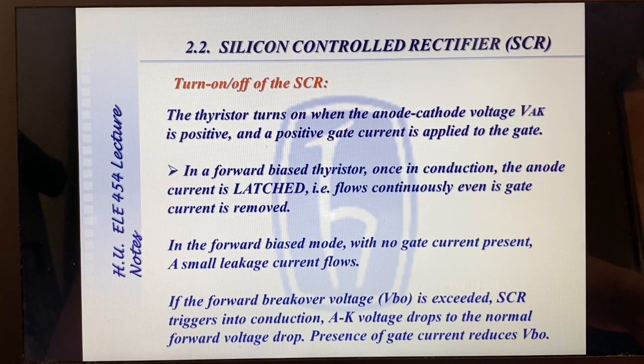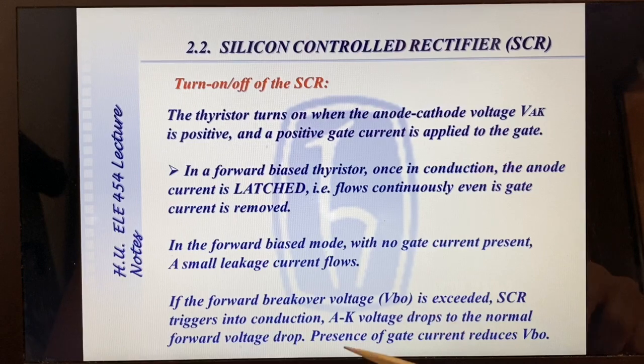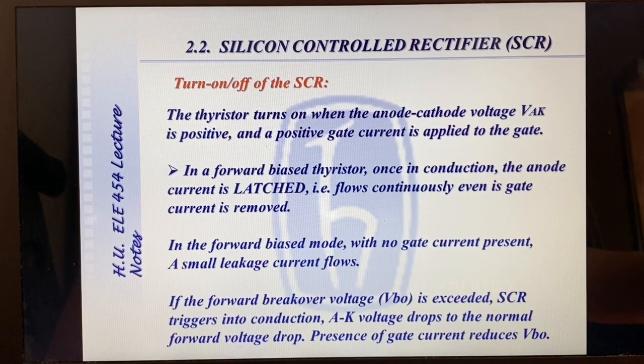It is not desirable to reach the breakover voltage each time the thyristor is to be triggered. The presence of a gate current, even small, reduces the breakover voltage magnitude. If sufficiently high gate current is applied, then the thyristor can start conduction like the diode.